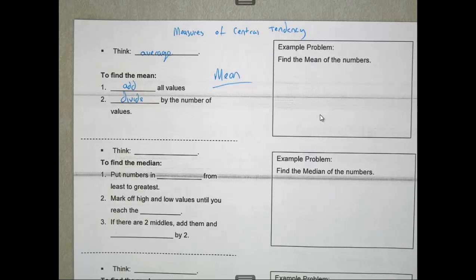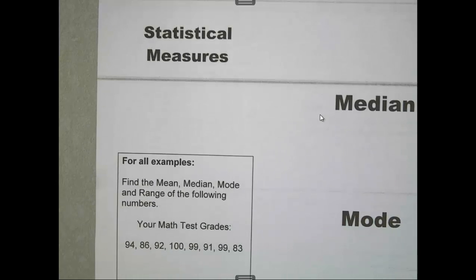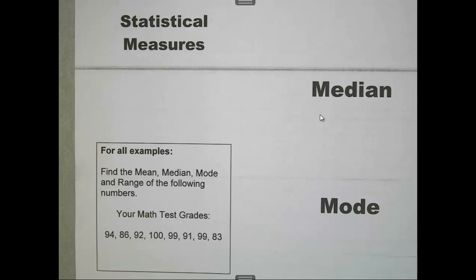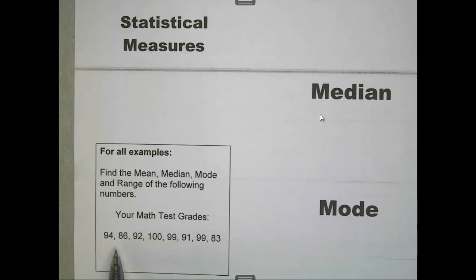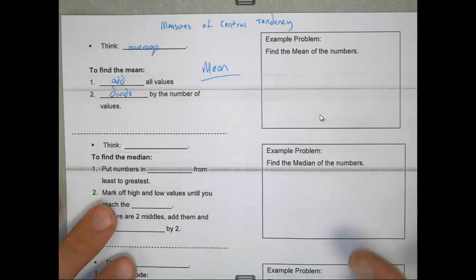All right. So our example problem. Now this was meant to be a foldable, but we're just going to put it in our 3-ring binder. So these are the values that we're going to use. Okay, so we're going to write all these values down in this little box right here, and that's the example we're going to use.